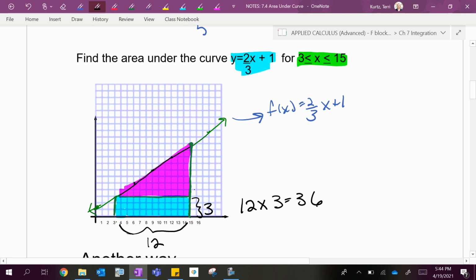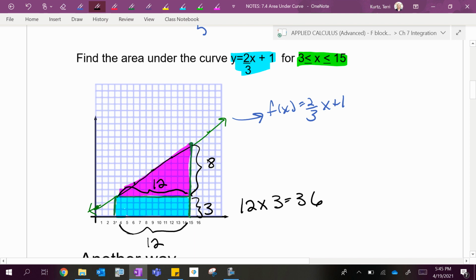For our triangle, my graphing here is a little bit off from the markers, but just trust me on this. The area of this triangle is also 12. It again goes from 3 to 15, and then the height up here, if it was graphed accurately, is 8.